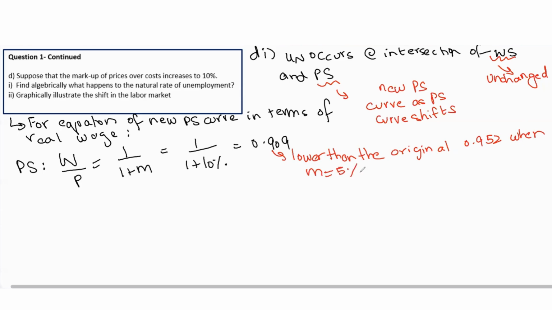Because we know when the markup increases, the price setting curve shifts down and there's a decrease in the real wage offered by firms. So now we have found the equation of the new price setting curve.